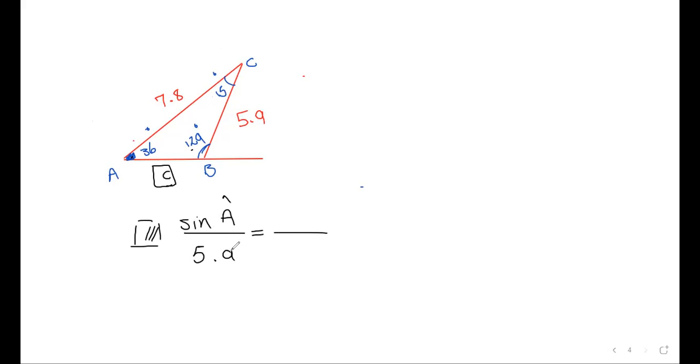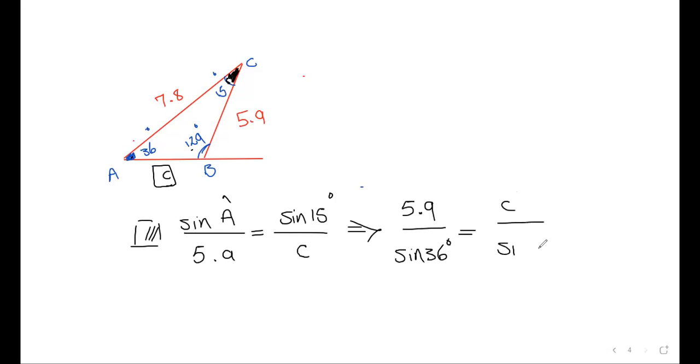I say sine A over the length associated with it equals, I look at this, sine 15 over the length associated with C. Then how to solve it? I invert both sides. 5.9 over sine 36 equals C over sine 15.